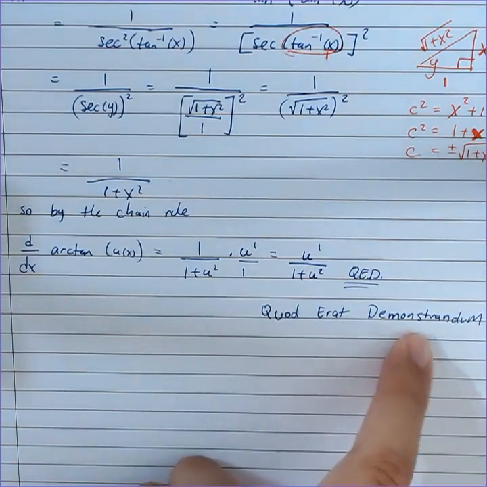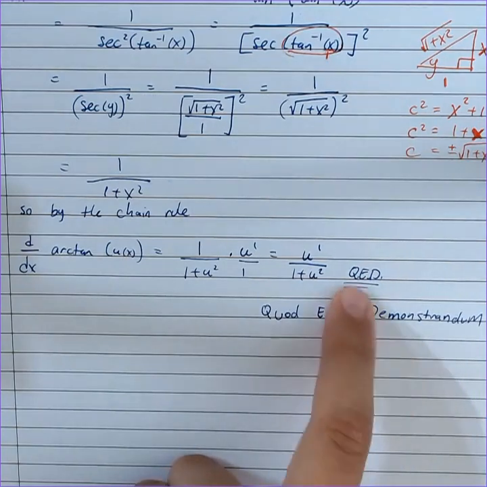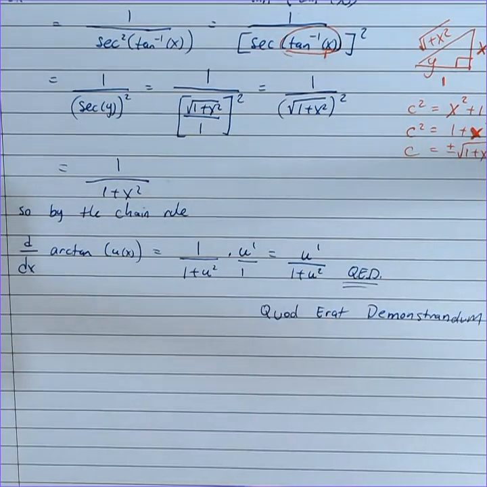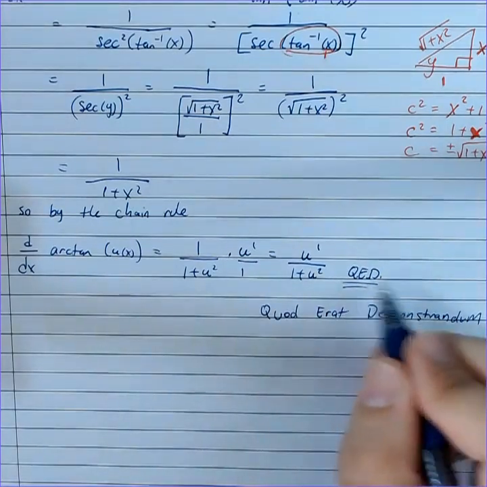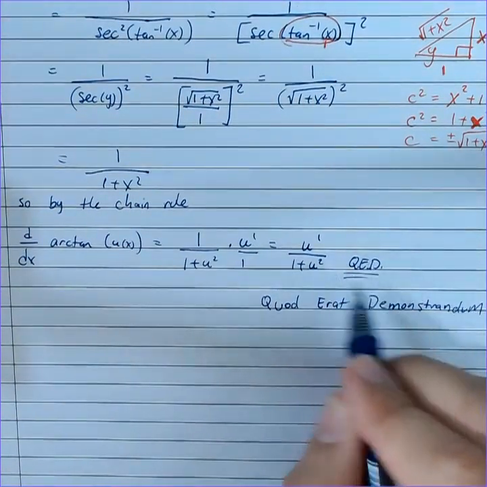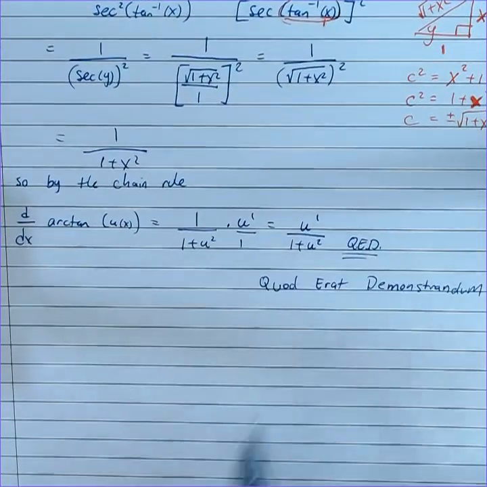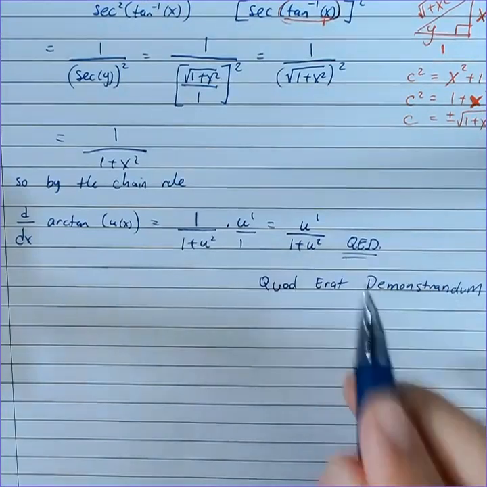Quod erat demonstrandum basically means that which was to be proven. Or in other words, here's what we were looking for. There are other versions of this which are used by different mathematicians or different textbooks and such. But this is just the one that I got used to many, many years ago. And it's just a nice visual confirmation of, hey, we got it.